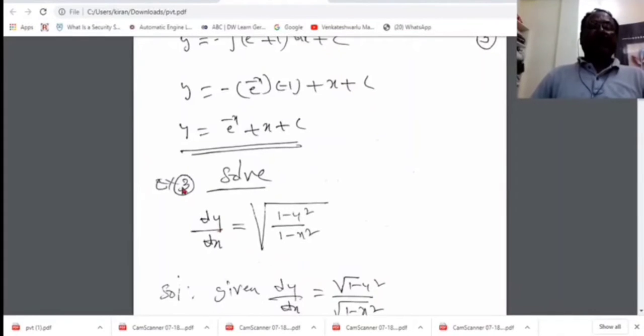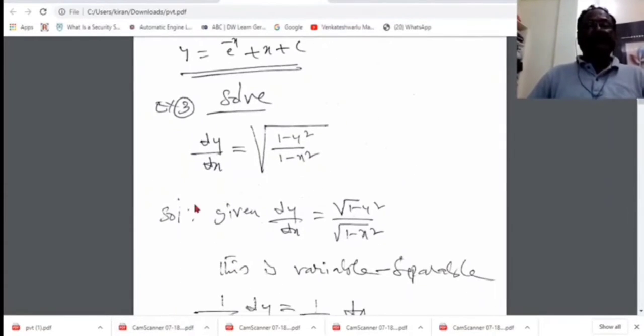Now, one more example on the variable separable method. Solve dy by dx is equal to square root of 1 minus y square by square root of 1 minus x square. Given dy by dx is equal to square root of 1 minus y square by square root of 1 minus x square.